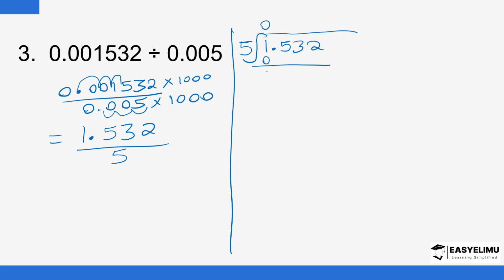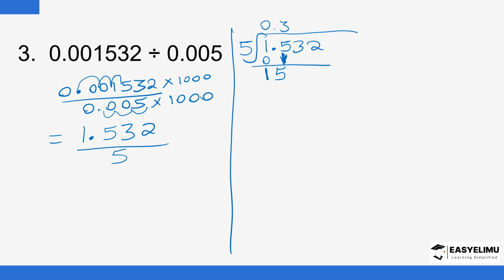Then you subtract, this is 1. So you drop the next digit here, that is 5. So 15 divided by 5 is 3. So you write that 3 on top.